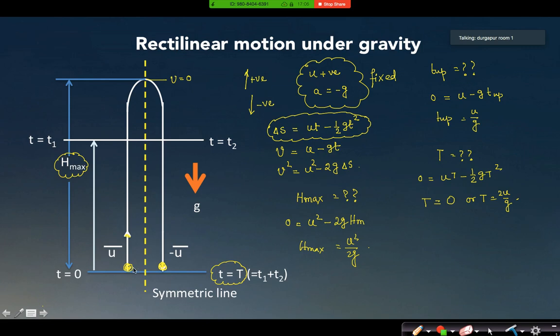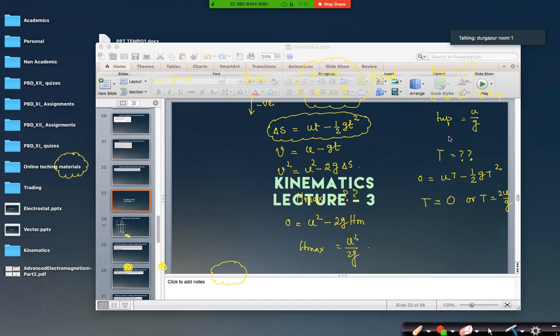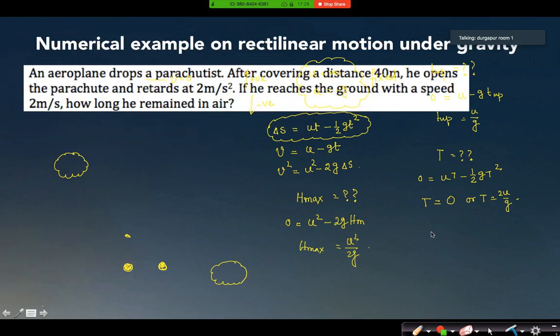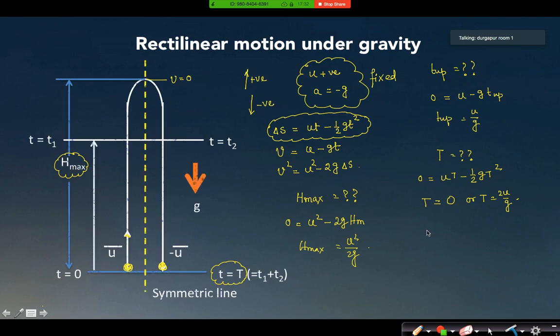At t equal to 0, the particle was at its initial position, so displacement was 0. And again at t equal to 2u by g, it is at the same position, so the displacement is again 0. Right? And you can see one important thing: the uptime, the time taken for its upward journey, is equal to the time taken for its downward journey.